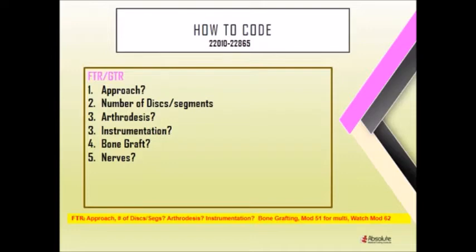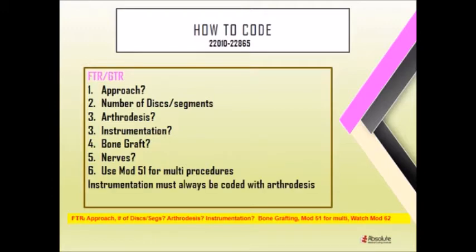Sometimes there's nerve surgery or neurosurgery going on as well. 7, use modifier 51 for multi-procedures. Make sure you do that. And instrumentation must always be coded with arthrodesis, don't forget.